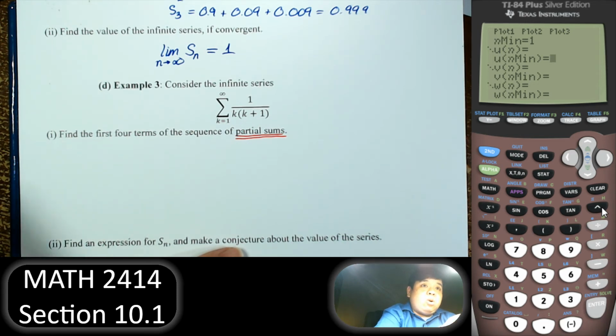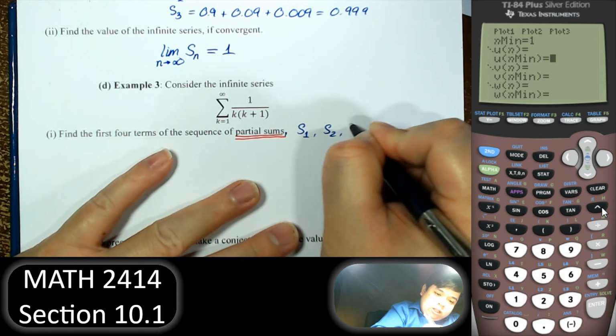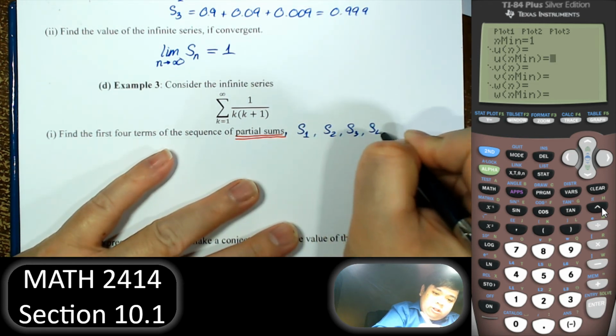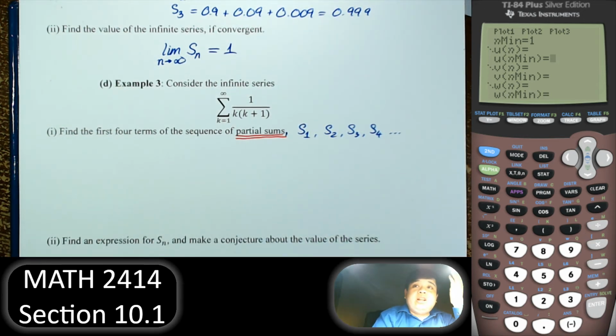We find the first 4 terms of the sum. That means we're going to find S1, S2, S3, and S4. But we still enter the sequence like we said: 1 over k times k plus 1. I use n instead of k.